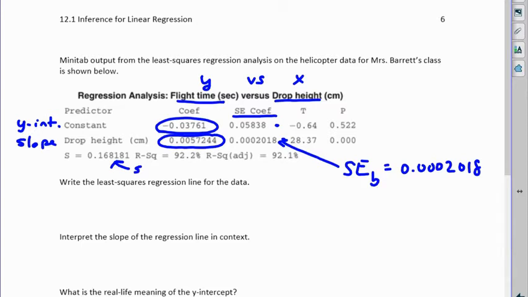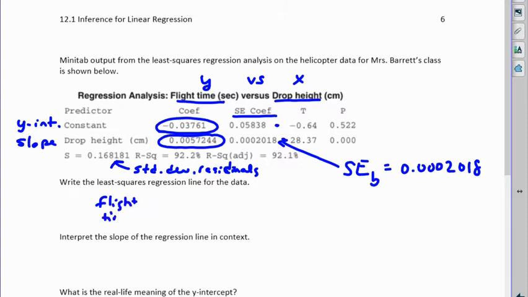That'll be a very important number if you have to do inference on the slope. And of course, the standard error of the residuals is provided right next to the r squared, and that was 0.168181. So let's write the least squares regression line for this data.